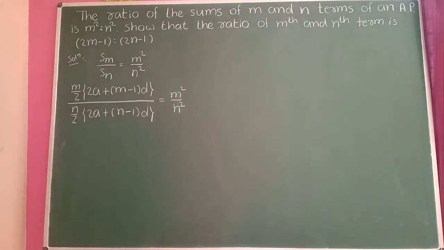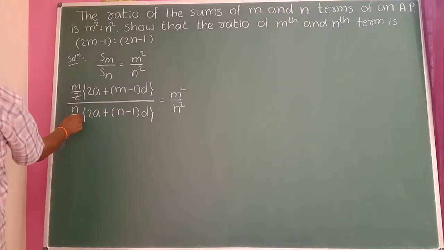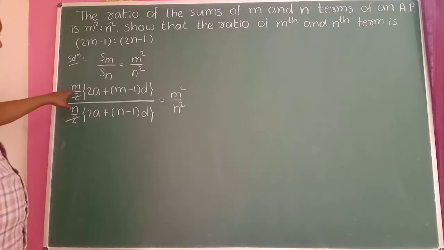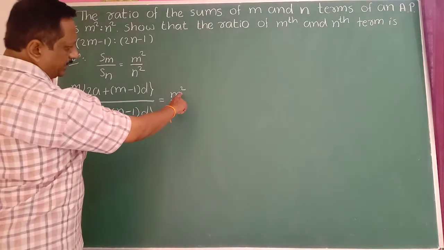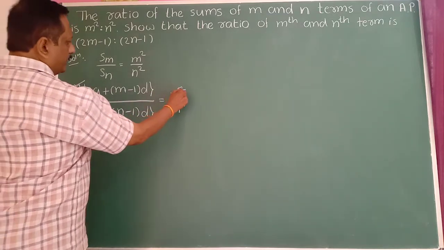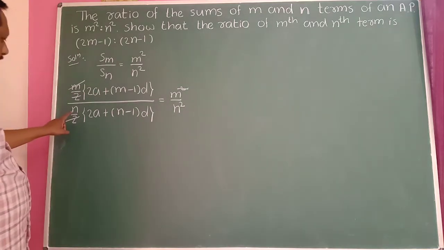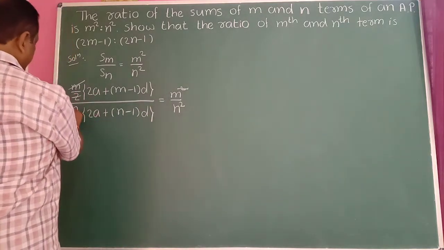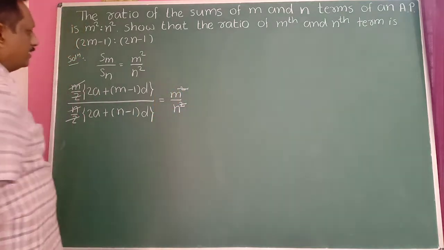Then here on the left hand side, 2 and 2 get cancelled. And on the left side in the numerator m is there, and on the right hand side m square. You can cancel m and m. Left side in the denominator n, right side n square is there. You cancel n and n here.